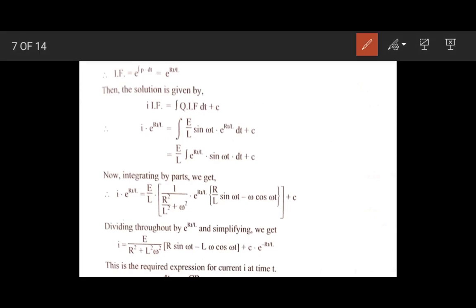As you know, to solve a linear differential equation, first we have to integrate P with respect to t. So the integral of P dt is the integral of R/L dt.